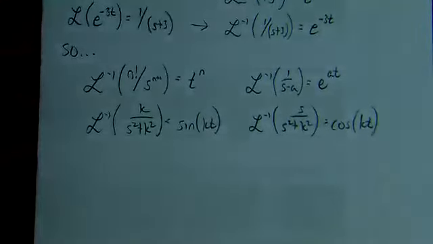And we haven't added anything new here. We just acknowledge or come up with a notation now to use to say, okay, I'm undoing the Laplace transform. I'm going from a function in s space to a function in t space.